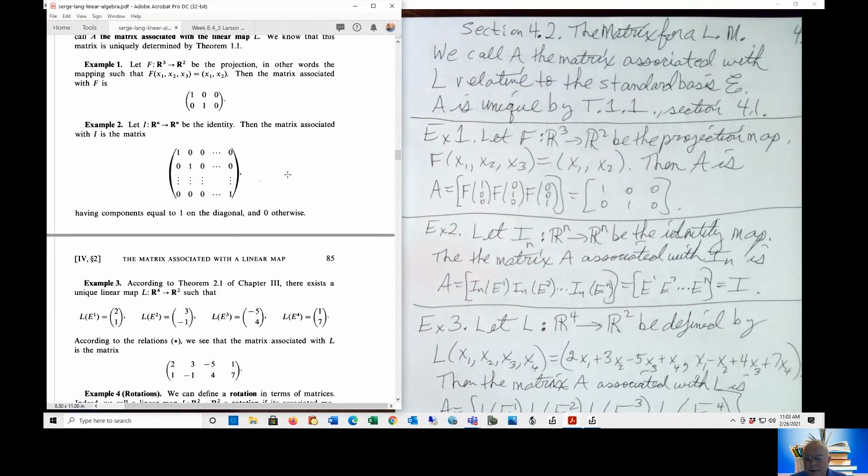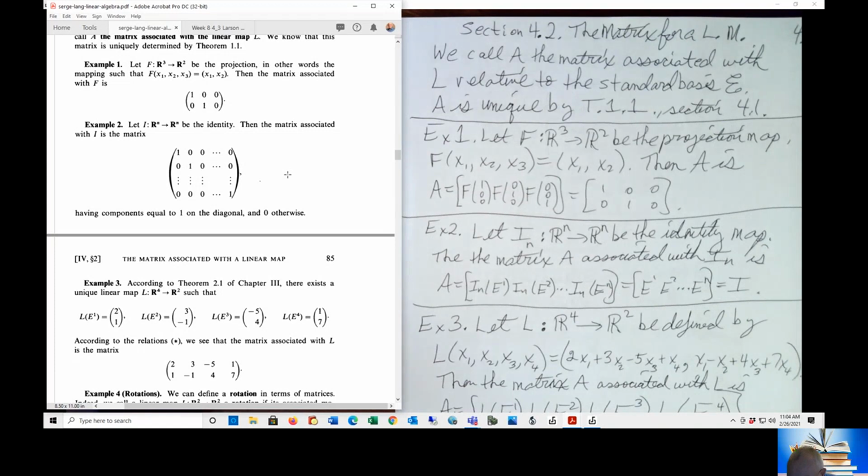Example 2 is another simple example. Suppose I sub n is the identity map going from Rn to Rn. Excuse me, Rn to Rn is square. Then the matrix A associated with I is simply the matrix whose columns are the identity map evaluated at E1 through En.